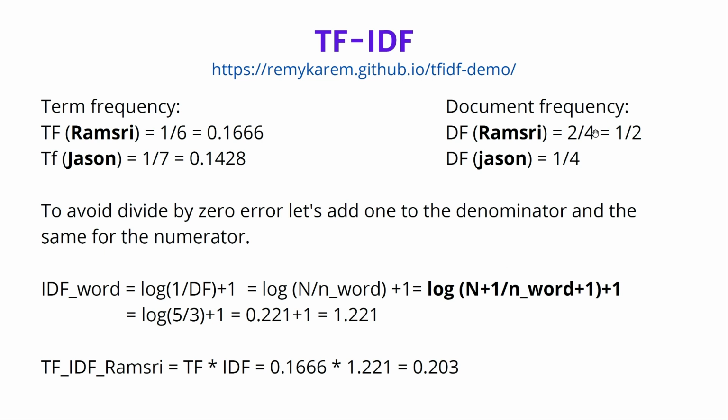Since we have 4 documents, we have log 4 + 1 divided by 2 documents in which Ramsri occurs, so 2 + 1, so log 5 by 3 and a +1 in total, so 1.221. Now you can get TF IDF of Ramsri as 0.166 multiplied by 1.221, so 0.203.